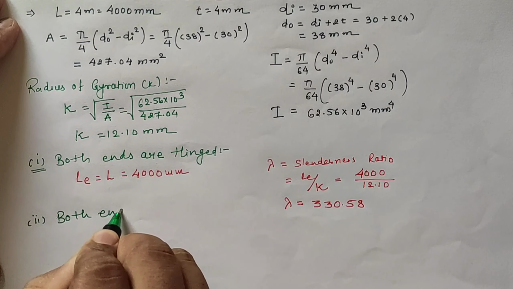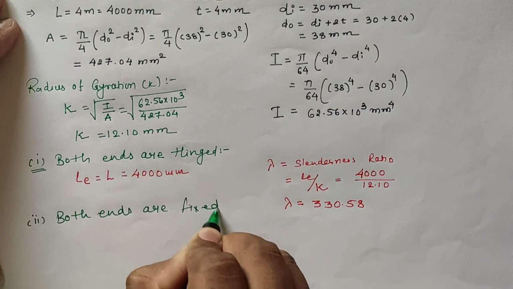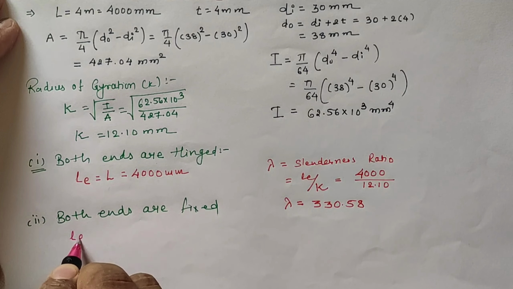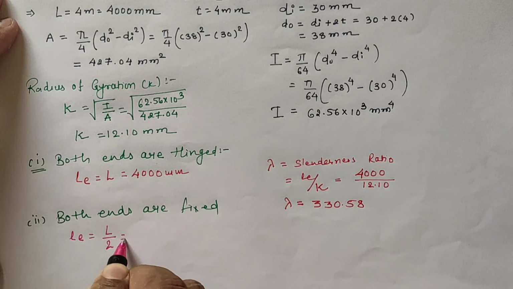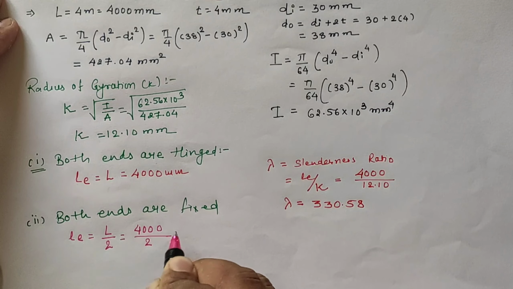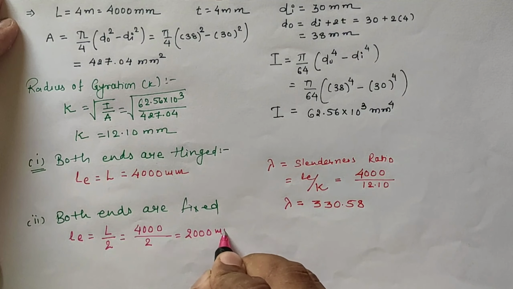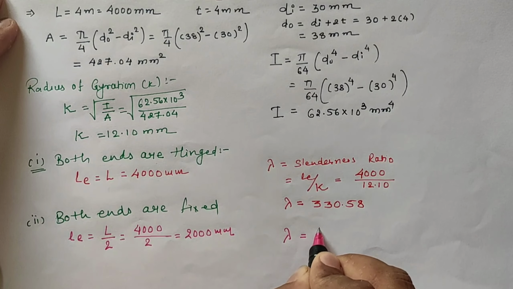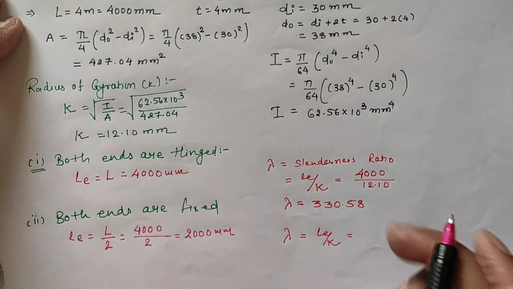Similarly, if we focus on the second condition, both ends fixed, in this case effective length can be written by equation capital L by 2. It means 4000 as L divided by 2. So effective length is 2000 mm, and for this case our lambda value, which is equal to LE by K, is half of the above value.